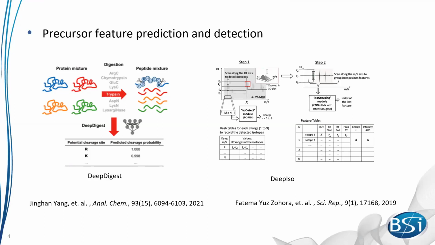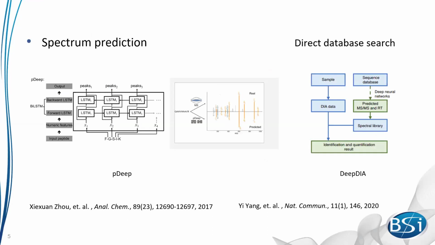And meantime, we also know this one. Given a peptide sequence and with deep learning technology, like here is the one they use bidirectional LSTM with CNN, and it was used to predict spectra.